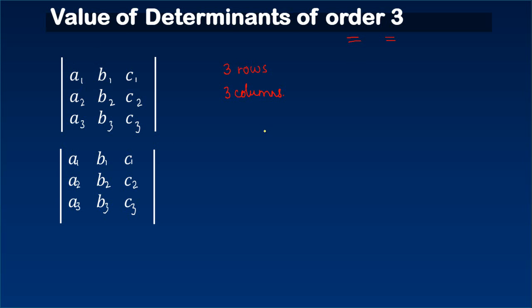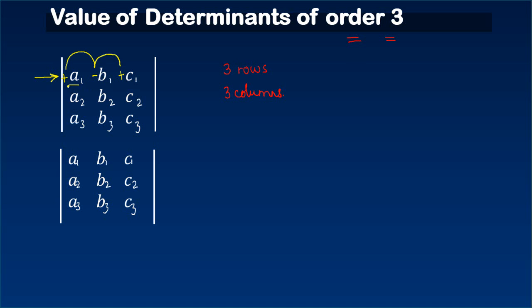The first thing we need to do is, our starting point is always row 1. The way I look at it is, first we assign a plus sign to the first element, a negative sign to the second one, and plus to the third one. So we are assigning alternate signs of positive and negative to these 3 elements.